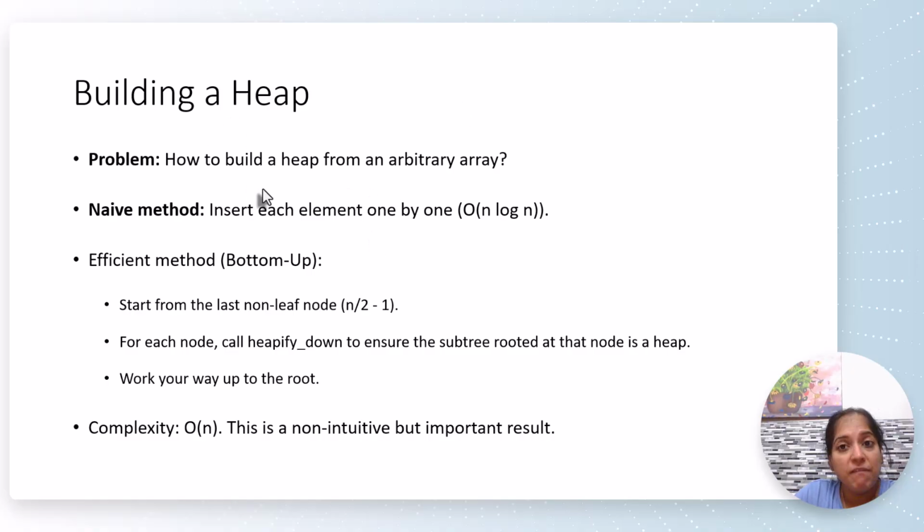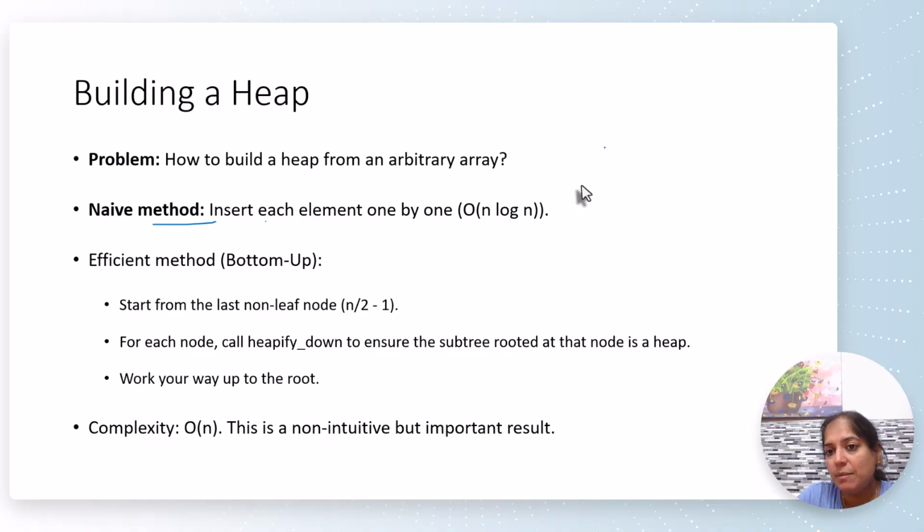Now, if we have an array of elements and we need to create a heap from this, how can we build a heap from an arbitrary array? The naive method is to insert each element one by one.